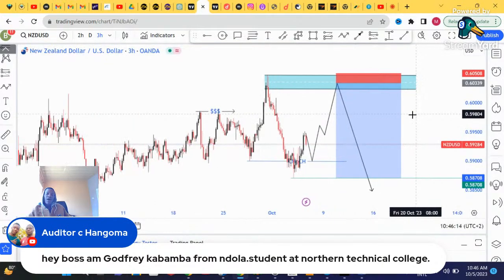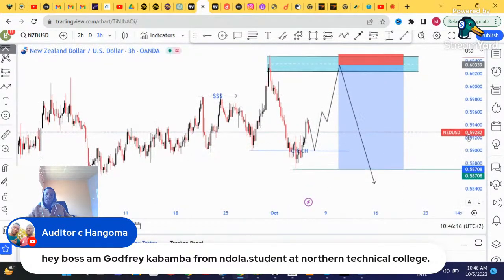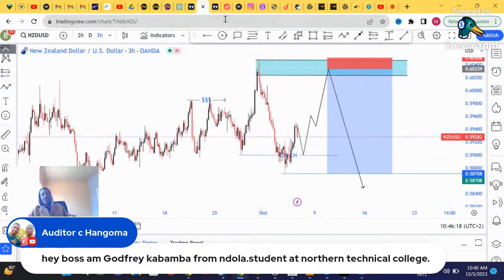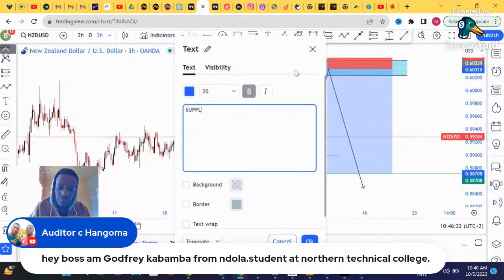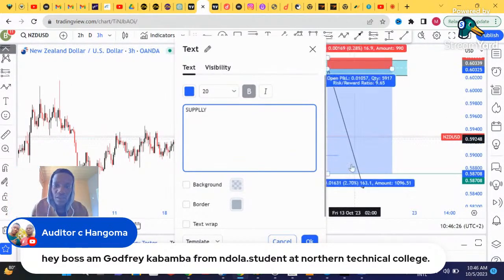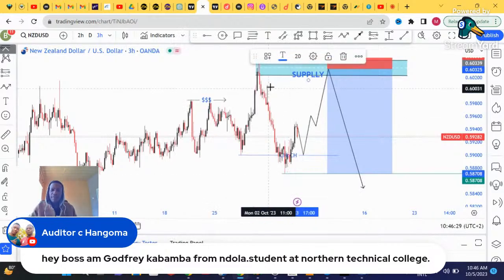For me, this is how I will be looking at taking this trade. This is what I'll be waiting for. Take the trade. This is an area of supply, yes.